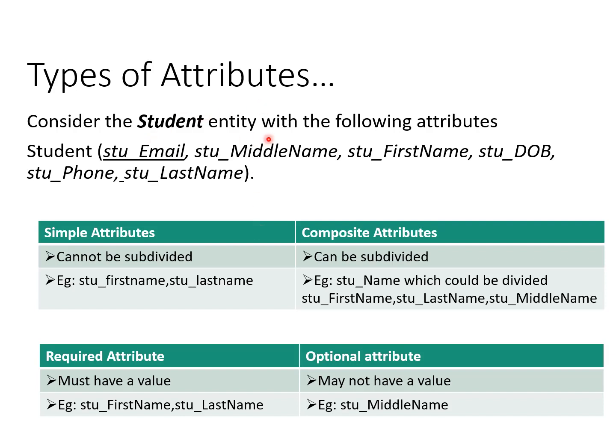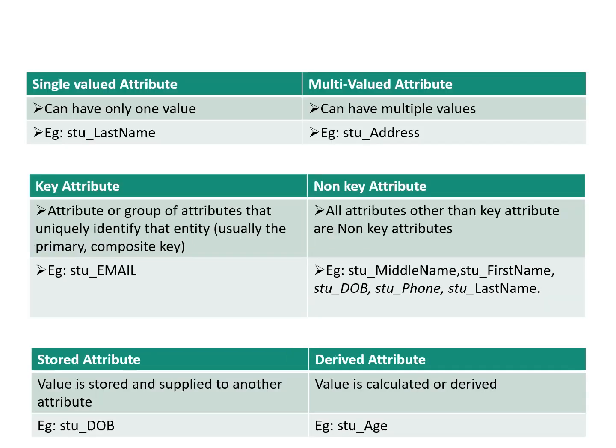So consider the student entity. Student email is basically the primary key, and middle name, first name, DOB are all the various attributes. A simple attribute cannot be subdivided, while composite attributes can be subdivided. A required attribute should have a value, and optional means it may or may not have a value.